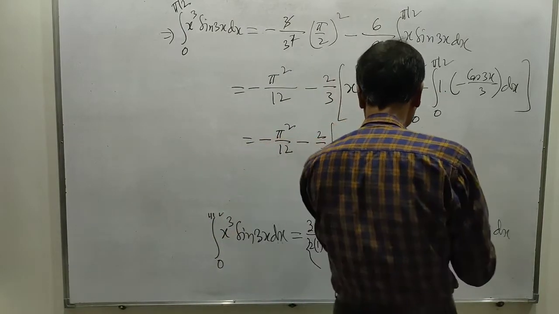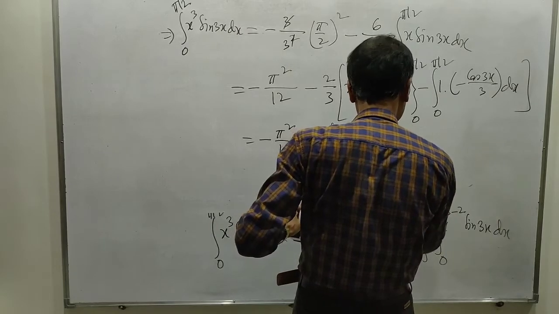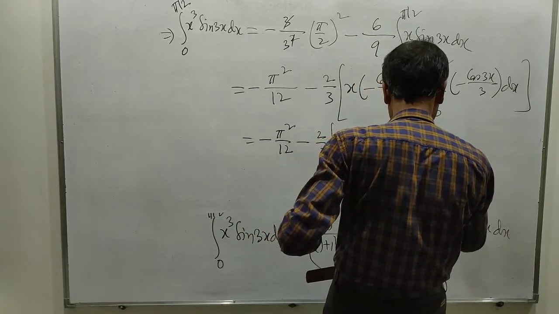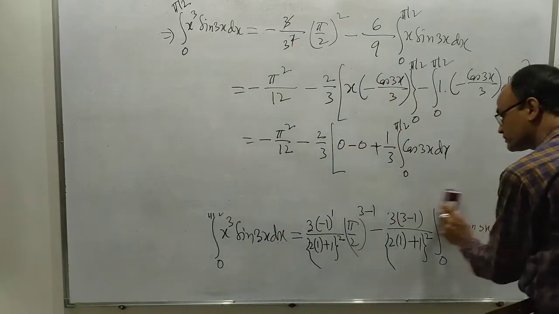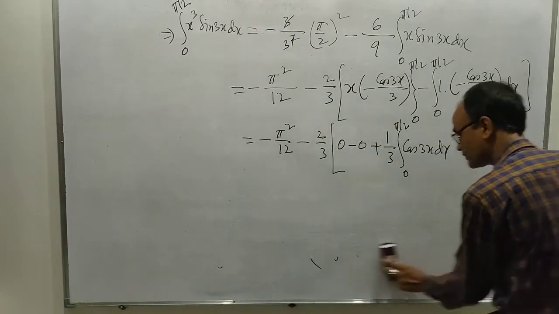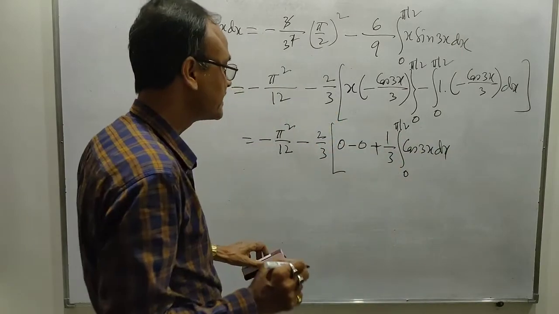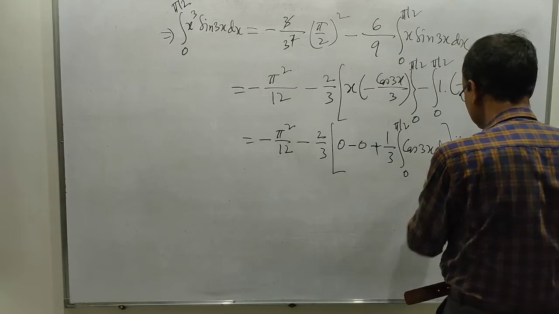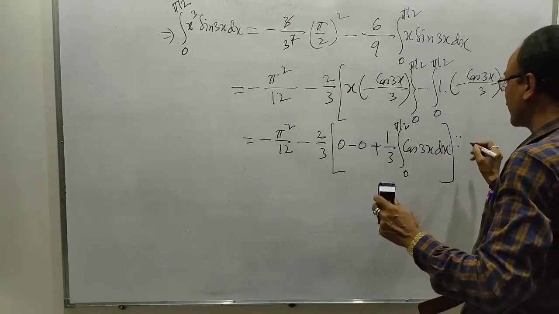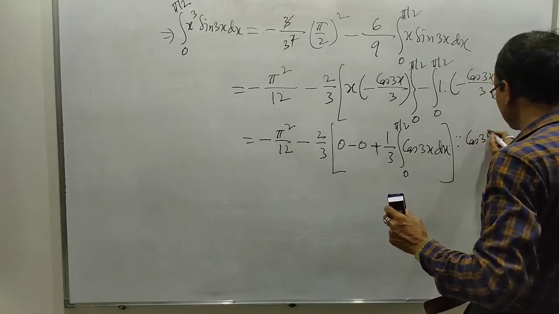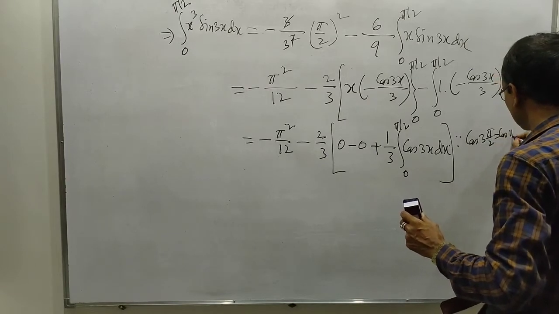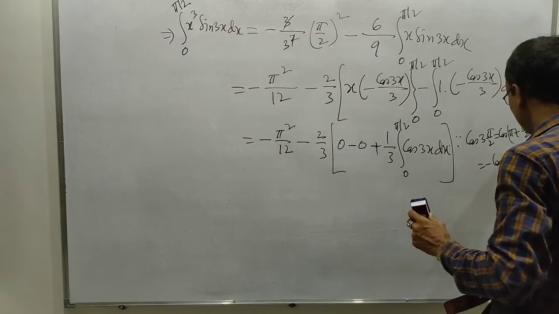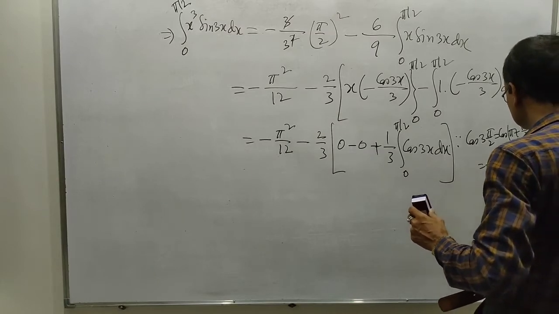plus 1 by 3 times the integral from 0 to pi by 2 of cos 3x dx. Since cos 3 pi by 2 equals cos of pi plus pi by 2, this is equal to minus cos pi by 2, which equals 0.